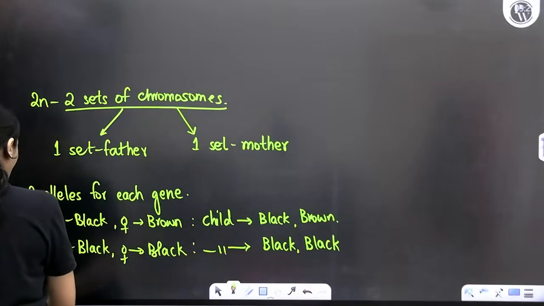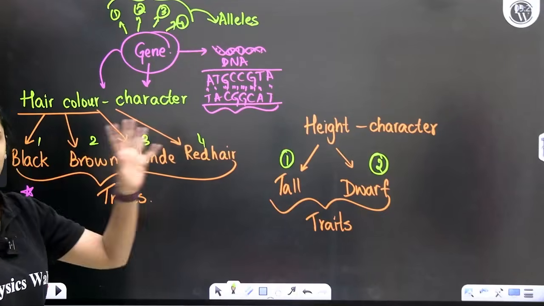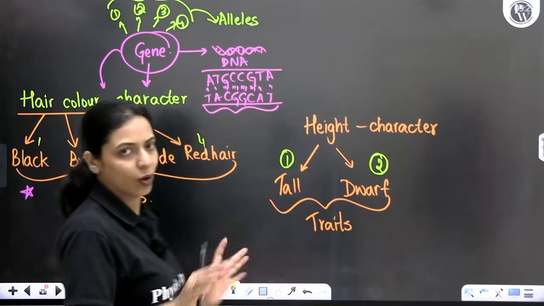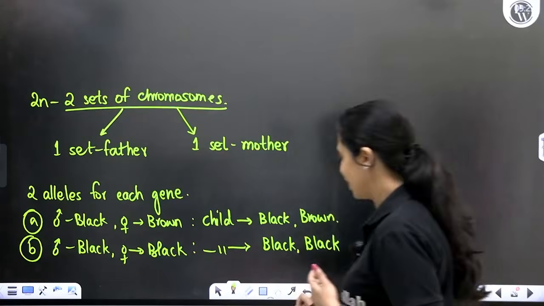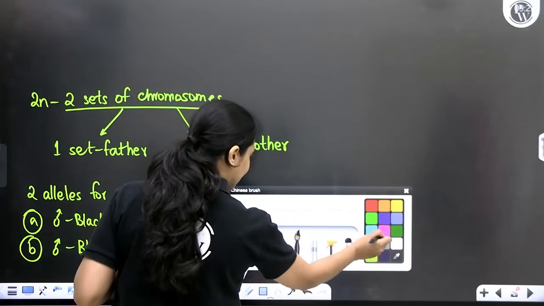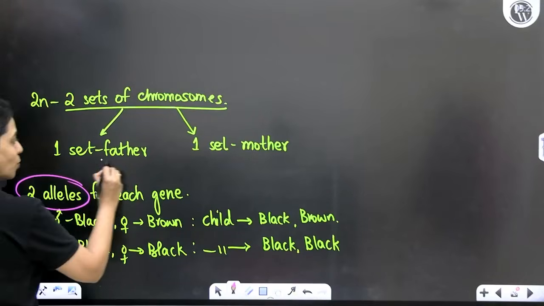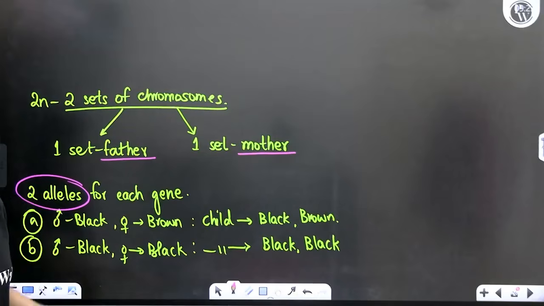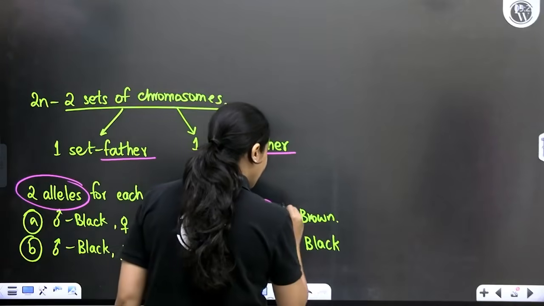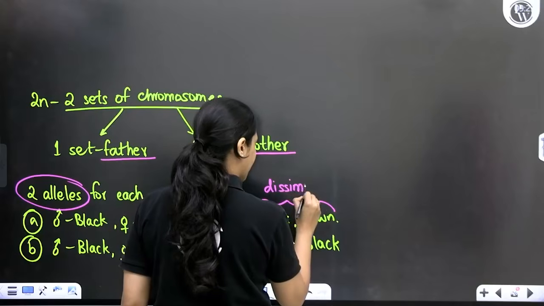Though in one population of humans, all of these traits can exist, black, brown, red, blonde, all of these can exist. But one individual will always have two alleles only for each trait. Among that, one is obtained from the father, one is obtained from the mother. It is possible for both the alleles to be dissimilar, they are not the same.